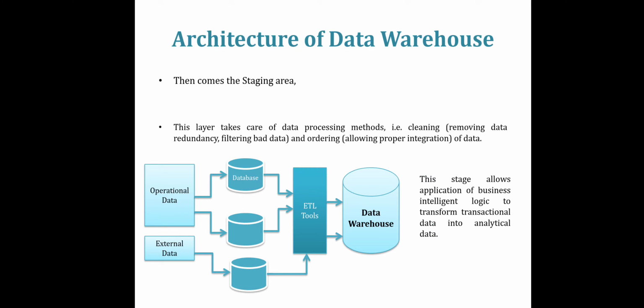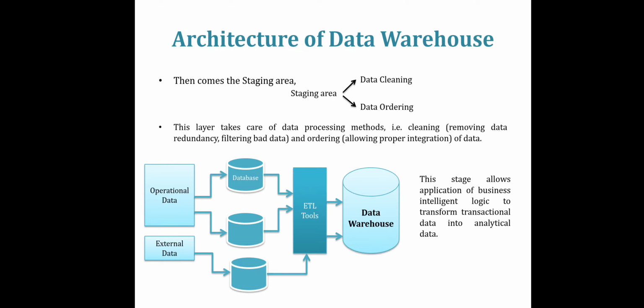Then the next thing that comes after this is the staging area. We can divide our staging area into two parts. The first part is data cleaning and the second is data ordering. Whenever we store data into the data warehouse, we should do this data cleaning and data ordering, as the data warehouse is going to provide a unified view to the end user.